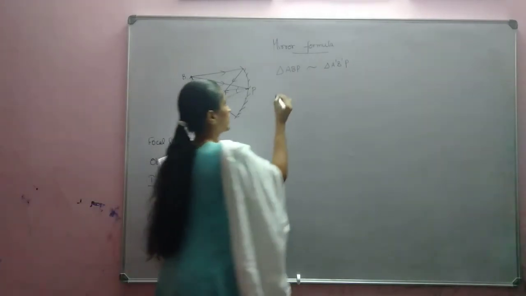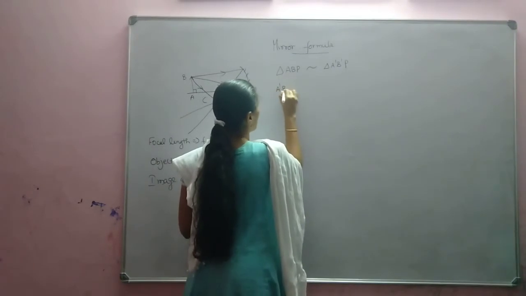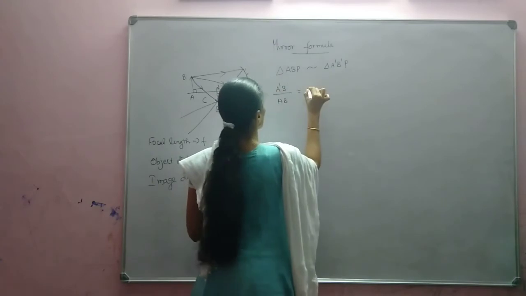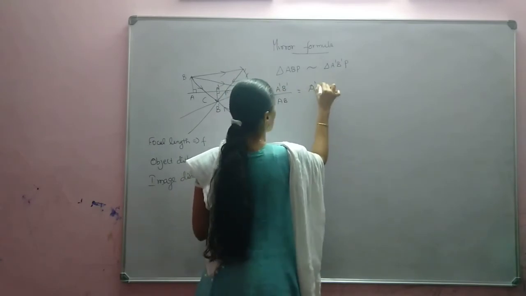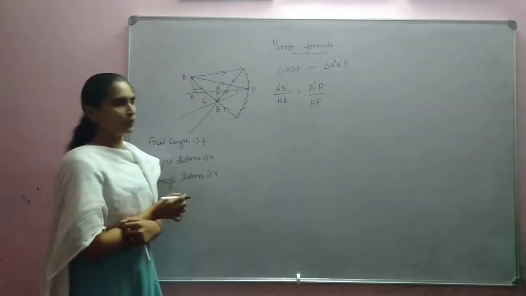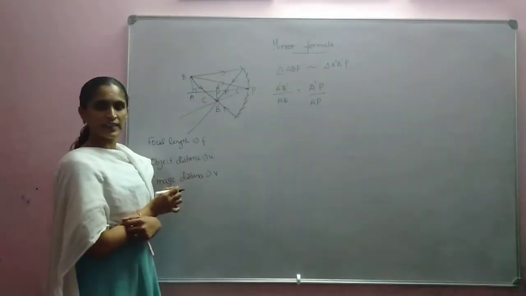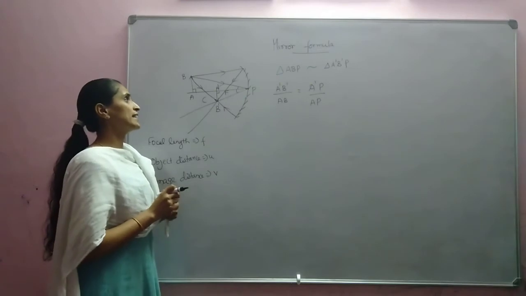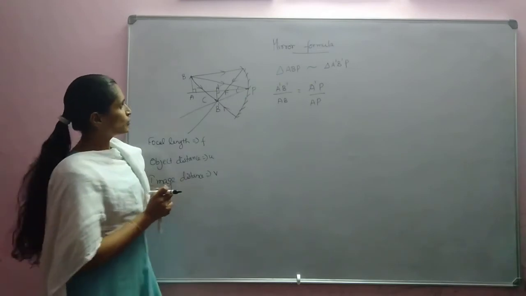So we can write A dash B dash by AB is equal to A dash P by AP. Is it clear?